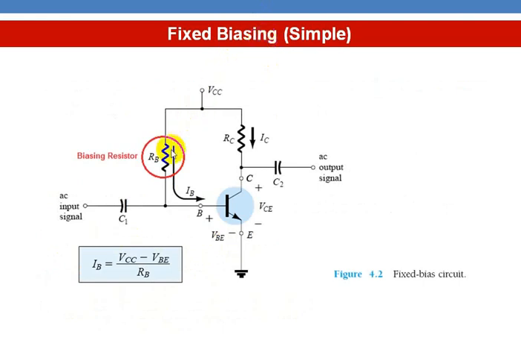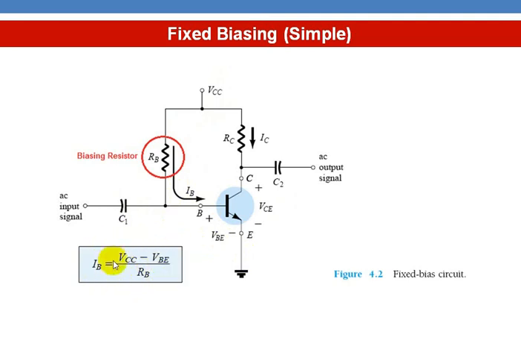Fixed biasing circuit. RB is the biasing resistance placed between VCC and base terminal. In this case, the base current will be VCC minus VBE divided by RB. So current is limited by RB. But in this case, when there is change in temperature, beta also will vary, and ICBO also varies, and that is not taken into account.